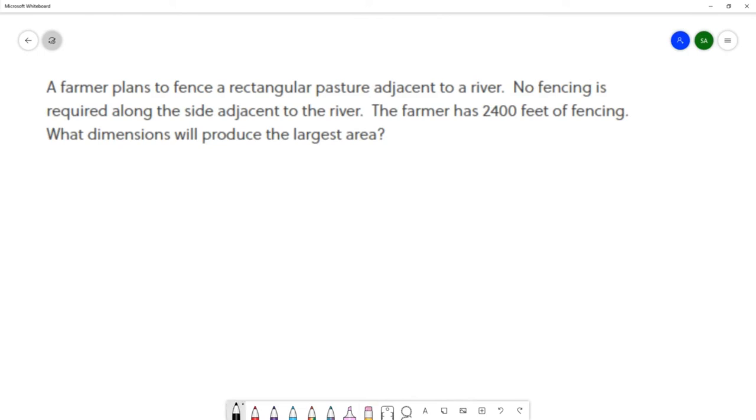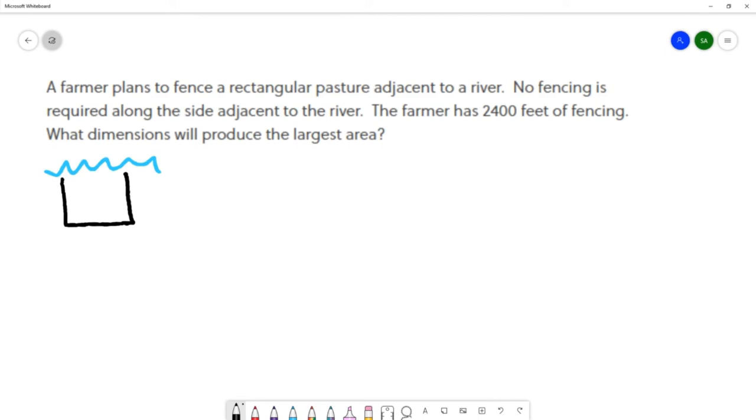In this question, we have a river, and this farmer plans to create a pasture with some fencing, and the fencing is going to go up along 3 sides. As it's stated in the problem, we don't need to put any fencing up along the river.